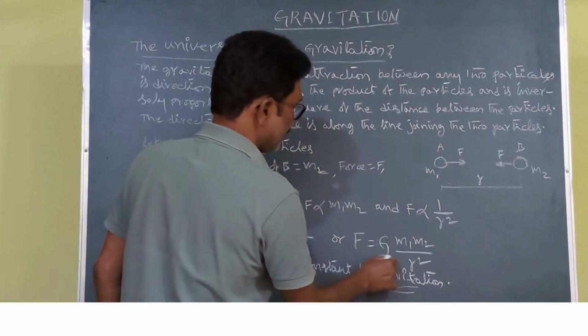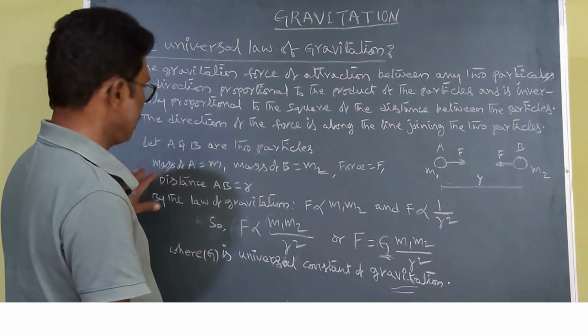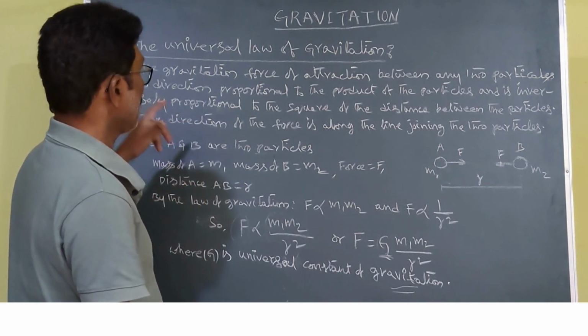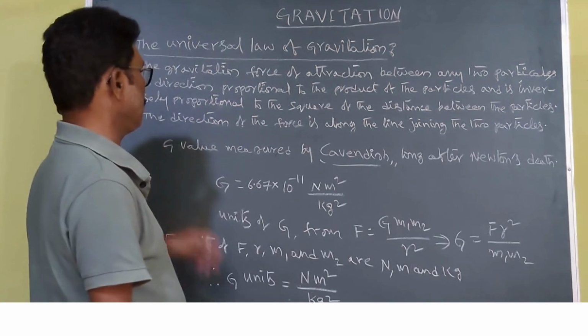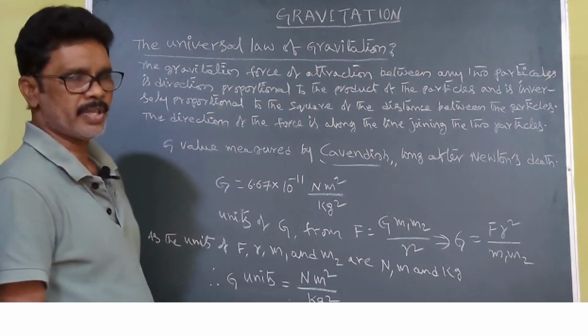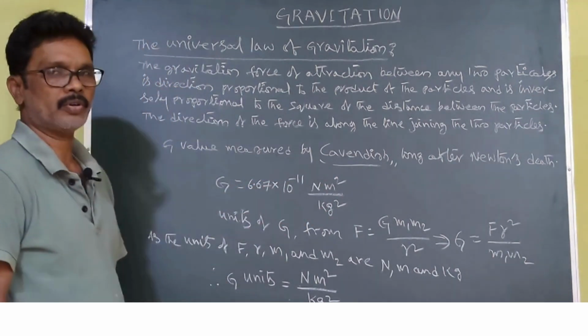This term is influencing. So this is about the universal law of gravitation. The G value is already found out. G value was measured in the laboratory by Cavendish, long after Newton's death.